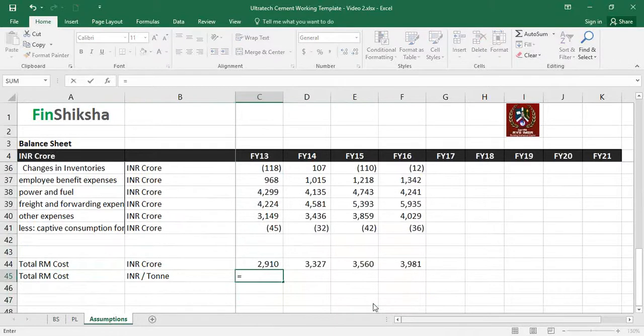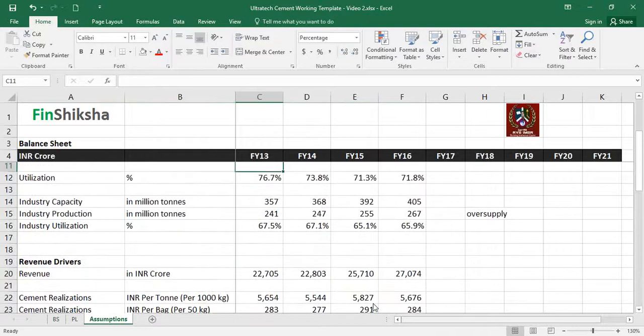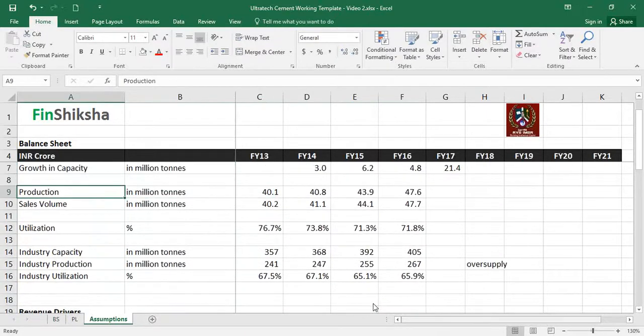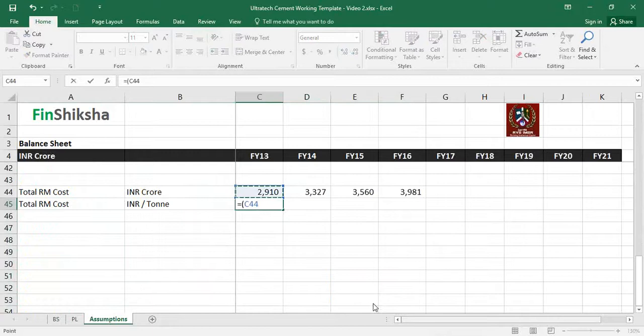So do we know what is the INR per ton cement we are producing? That's available in terms of the production of the company. That's here, right? That's in million tons. So we just have to be careful once again saying that this number is in crores. So the cost has to be first converted to millions.